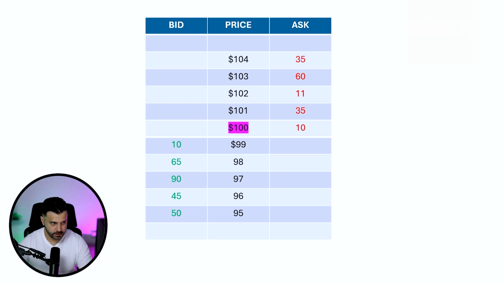Another way of looking at this is, if a bigger player in the market wants his order to be filled, for example, he comes in, he wants a big order of 1,000 shares to be filled. He wants to get in at 100. However, there's only 10 orders waiting in the book for him to be able to fill. So he wants to fill an order of 1,000, but there's only 10 in the book. So what's going to happen?